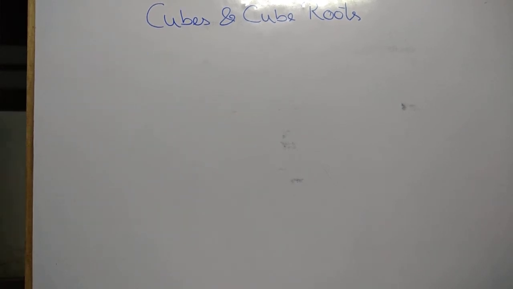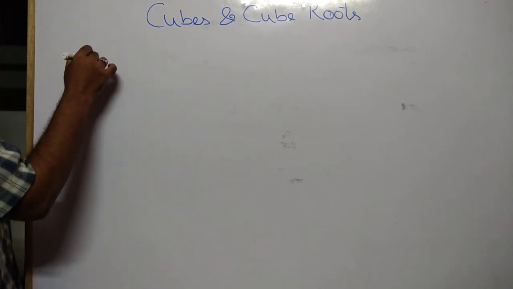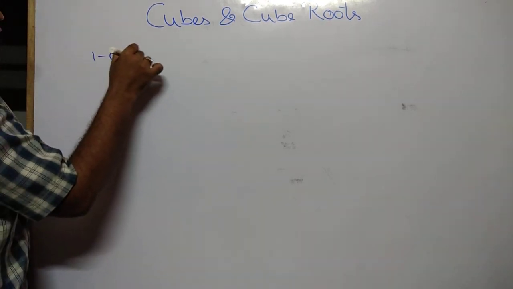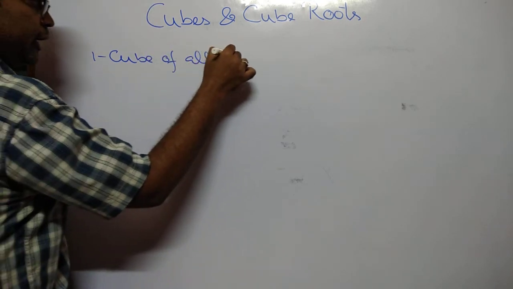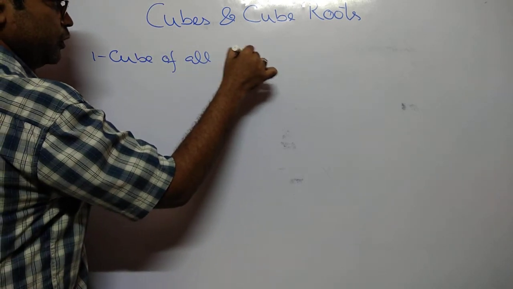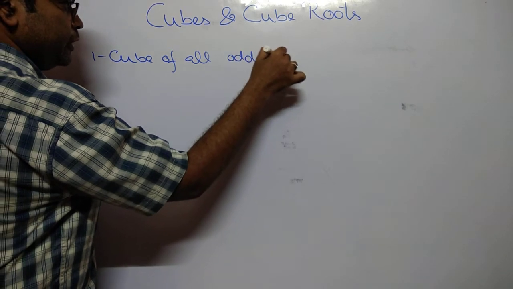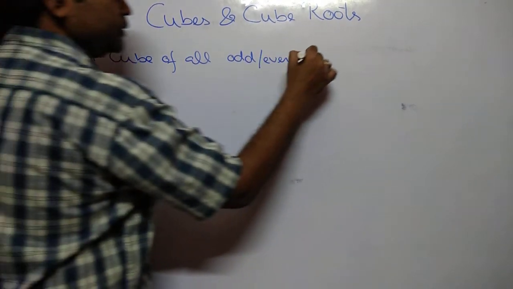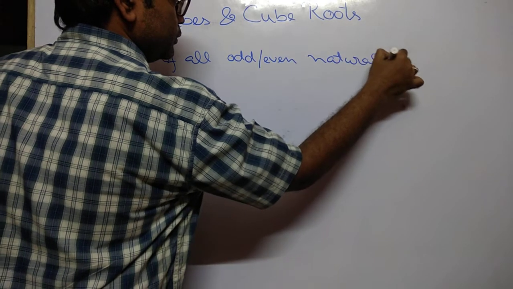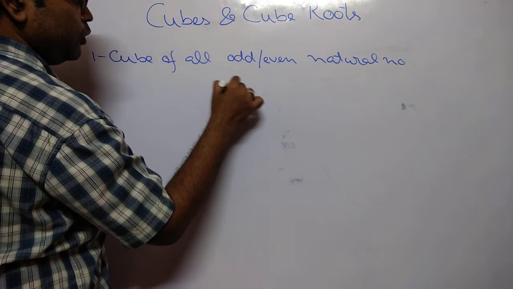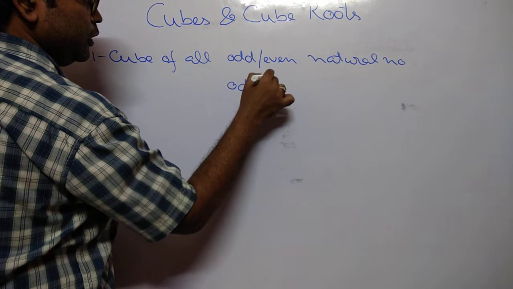Remember, among the properties of cubes, the first thing says that the cube of any natural number, either odd or even, is also odd or even respectively.